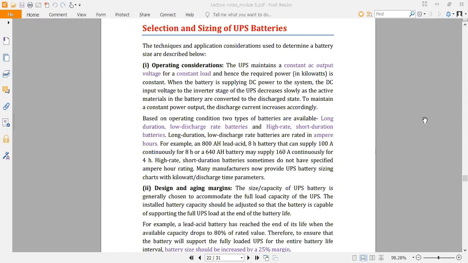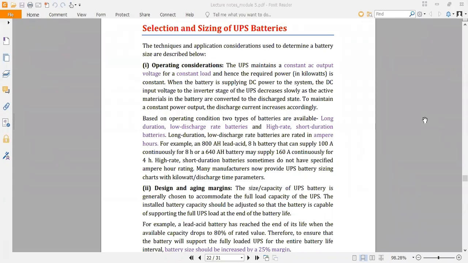So today I'm going to explain the selection and the sizing of the UPS batteries. How are we going to select the specification of the battery, or the size of the battery?